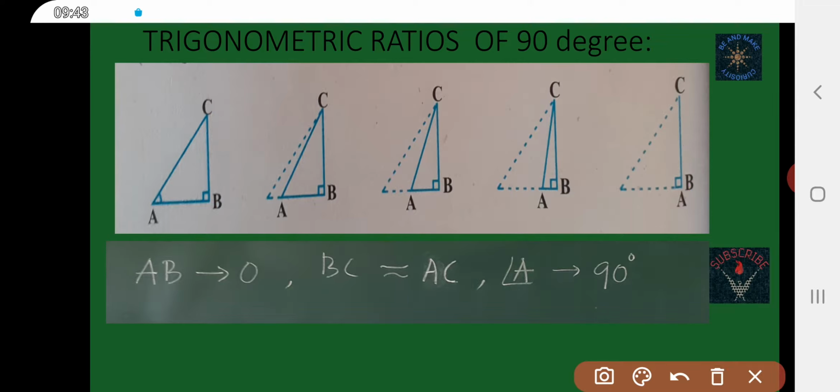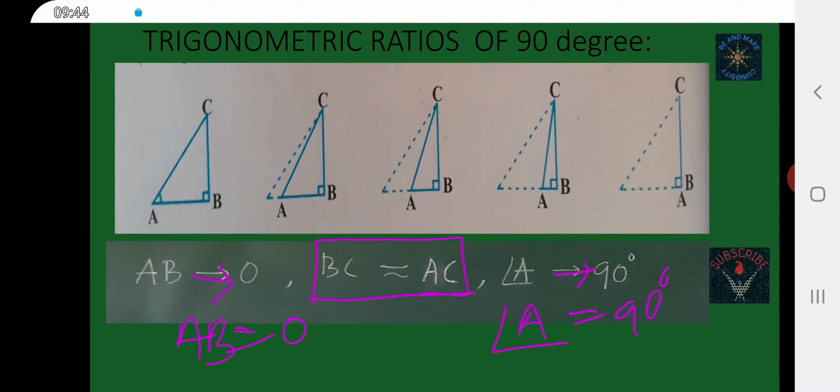Here you see BC is approximately equal to AC, when AB tends to 0 and angle A tends to 90 degree. Means angle A is very close to 90 degree, you think it 90 degree, and AB is equal to 0, you think.